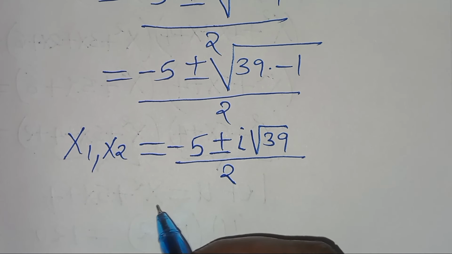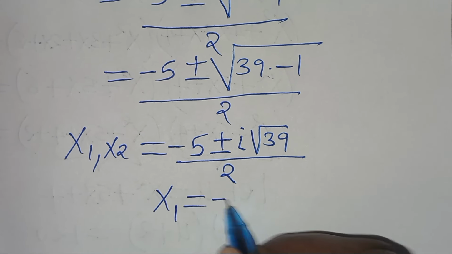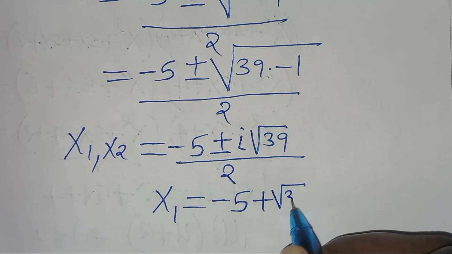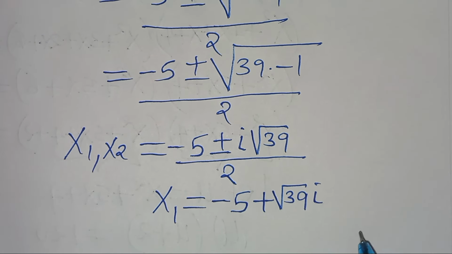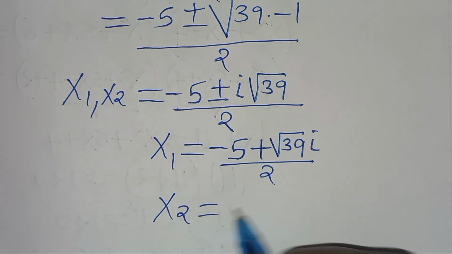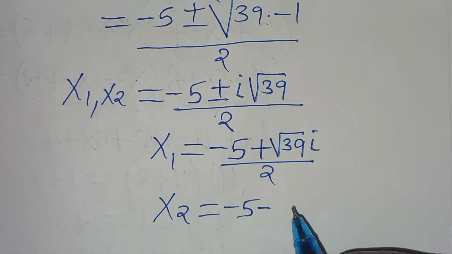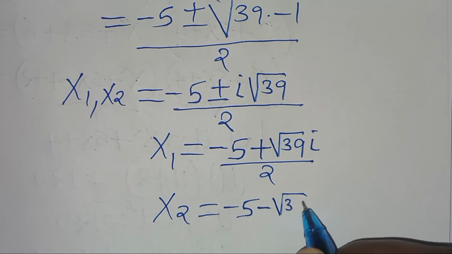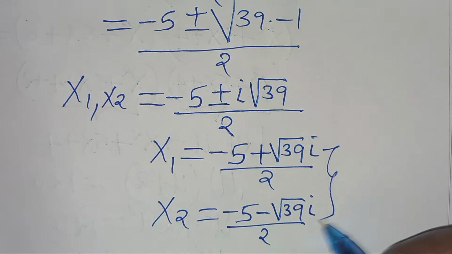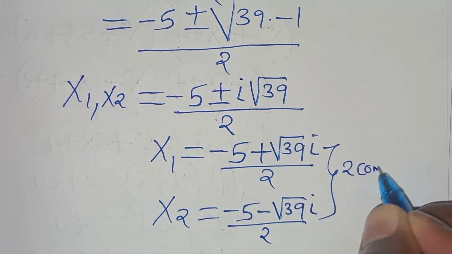So this means that x1 is equal to minus 5 plus square root of 39i divided by 2. And we have that x2 is equal to minus 5 minus square root of 39i divided by 2. Now, these are two complex solutions.